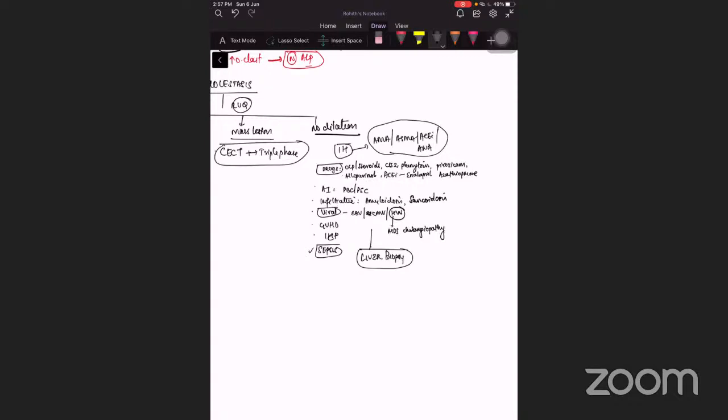Can you tell where you get very low ALP levels? Yeah, very good. Someone said Wilson's.